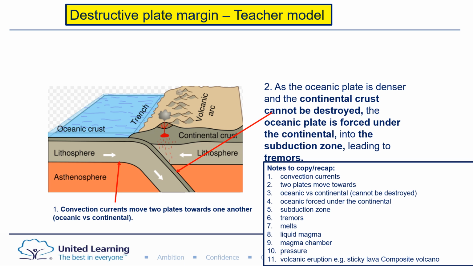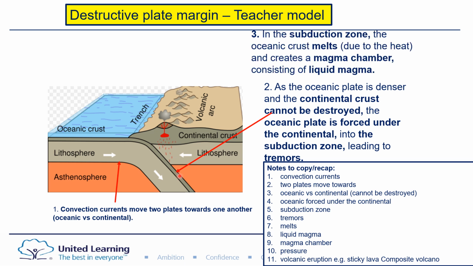As the tectonic plate subducts around here, the oceanic plate gets stuck, friction builds up and this releases tremors known as earthquakes. Okay. In the subduction zone, the oceanic crust melts and it forms a magma chamber as the crust literally melts into magma. And we get a large magma chamber forming beneath the continental crust.